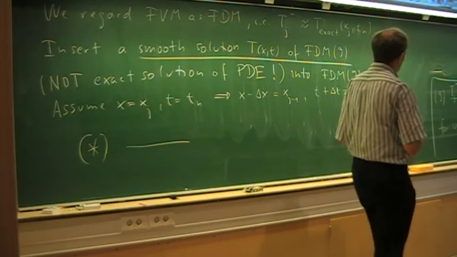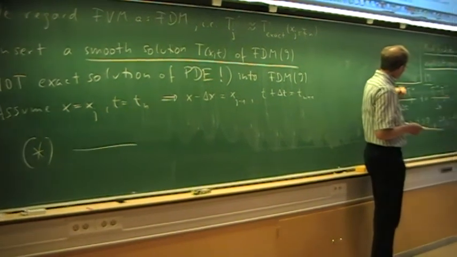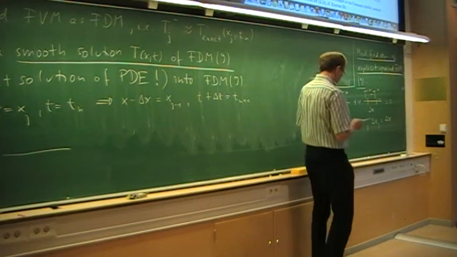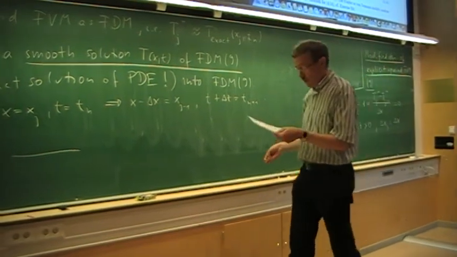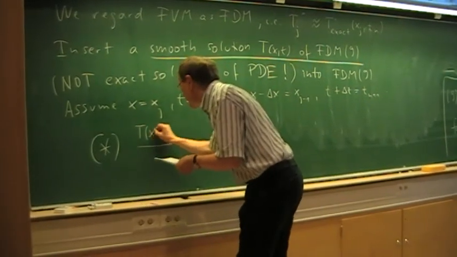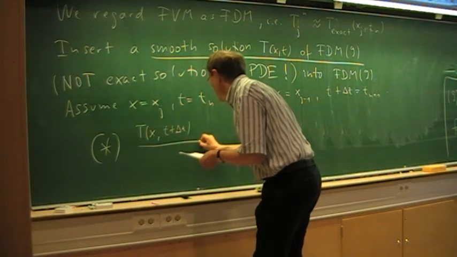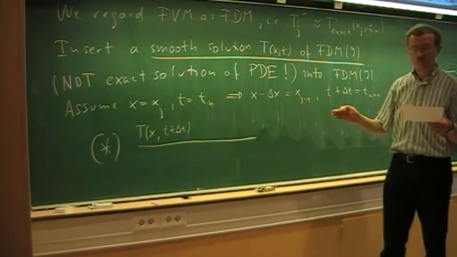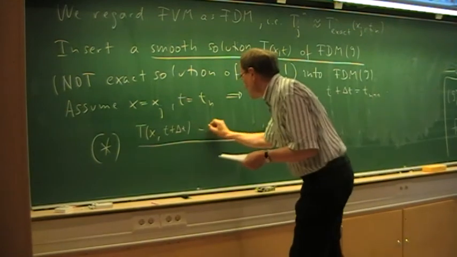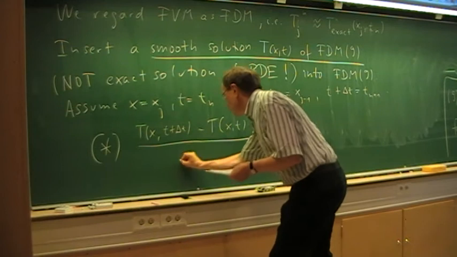We insert T of x, at the new time level: T(x, t plus delta t) minus the smooth function T(x,t), divided by delta t.